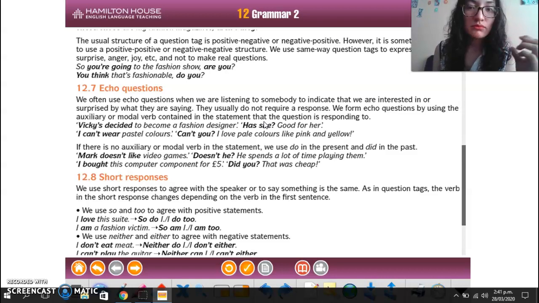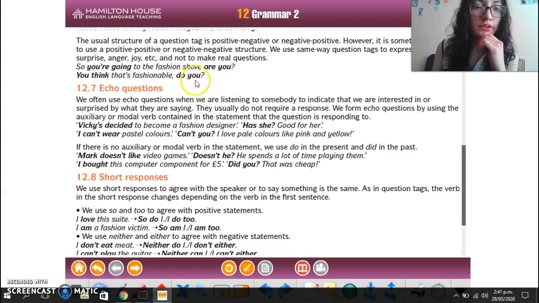So we form echo questions using an auxiliary or a modal verb that the other person says. That's in the written form. For example, here we have to repeat what the other says. Here is an auxiliary, in this case, "has," right?